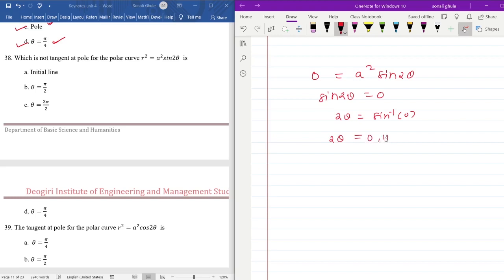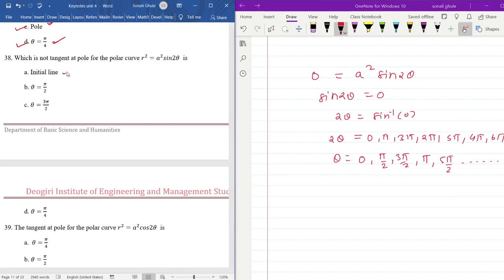When the angle is 0, π, 2π, 3π, 4π, 5π, 6π, right. That is, θ = 0, π/2, π, 3π/2, 2π, 5π/2, for all these, which are the tangents at the pole. So θ = 0, the initial line, is a tangent.